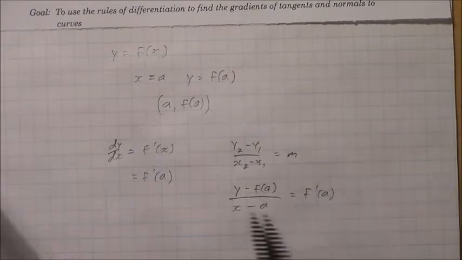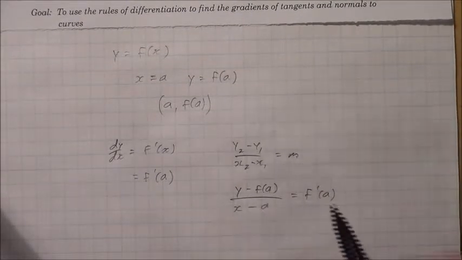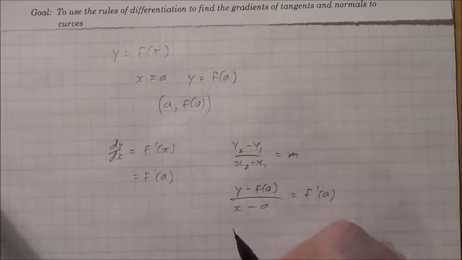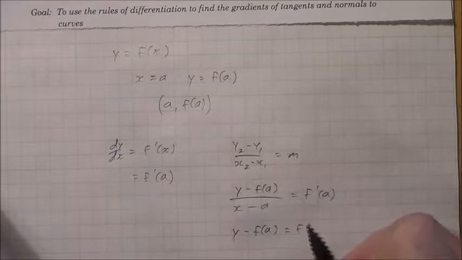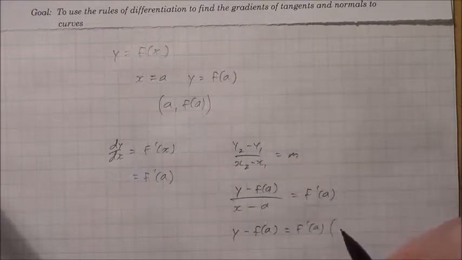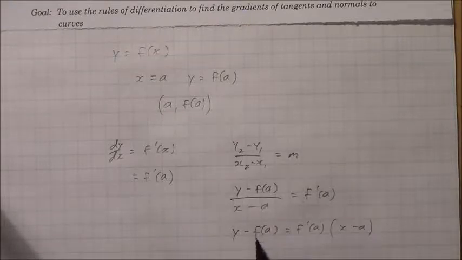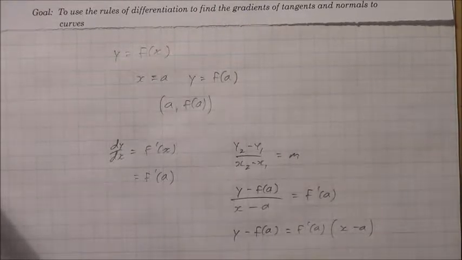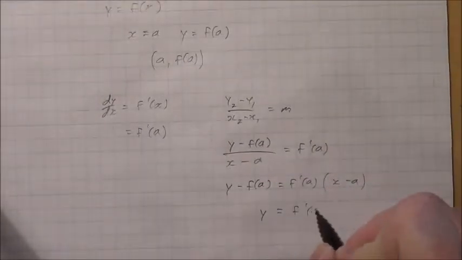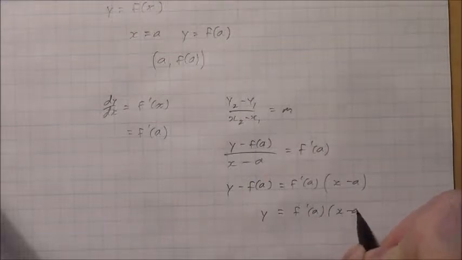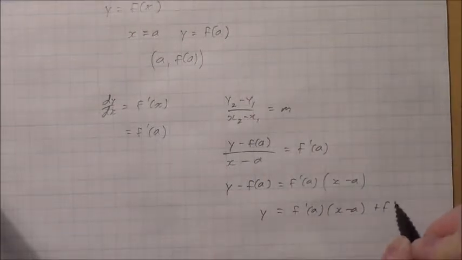If we rearrange this, we multiply both sides by x minus a, so we get y minus f of a equals f prime of a multiplied by x minus a. Then we add f of a to both sides to get our value of y. So the general form of the equation is y equals f prime of a times (x minus a) plus f of a.